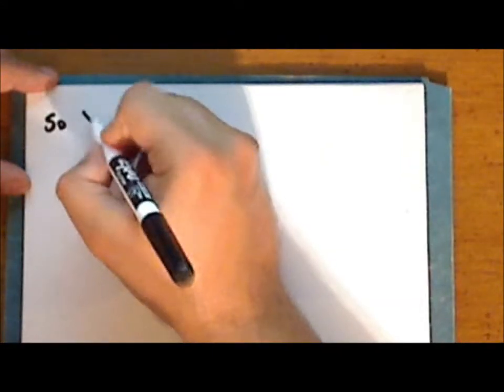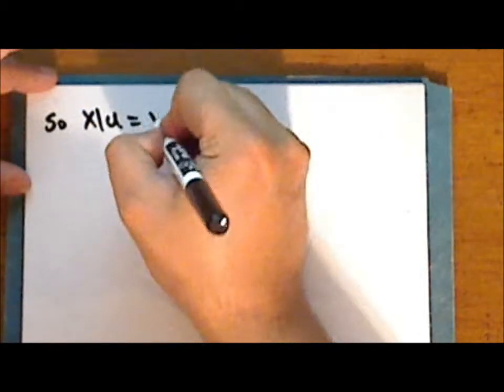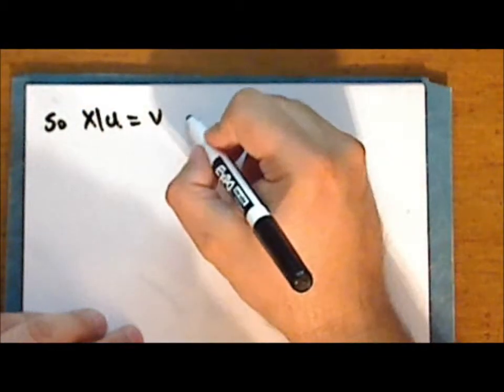And so the complement of the set U is the set V, which is open.